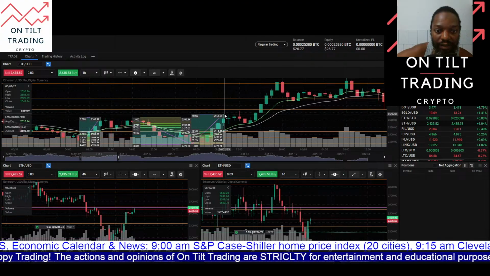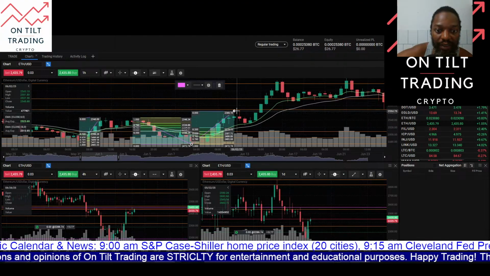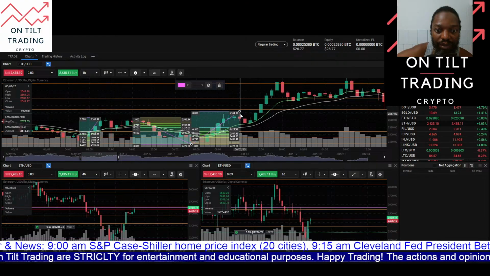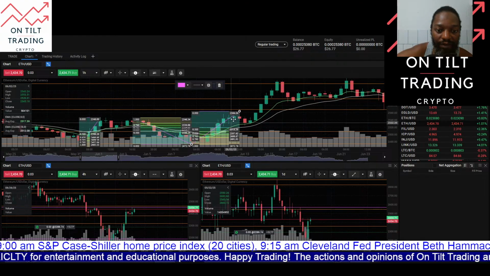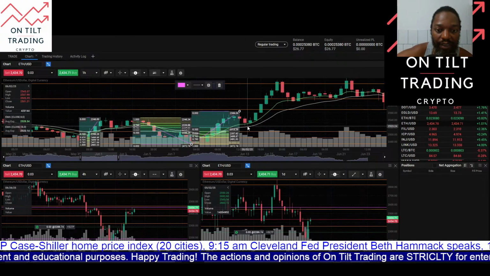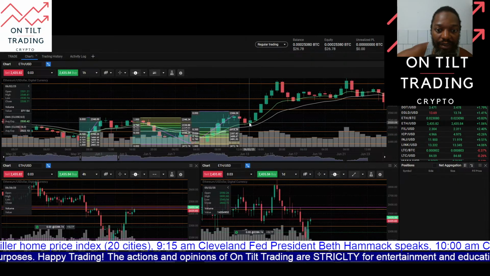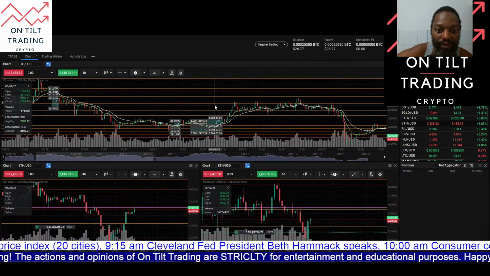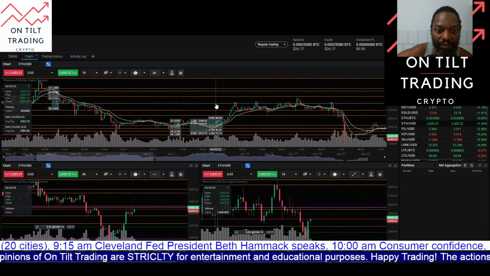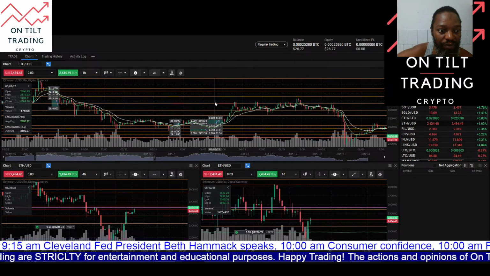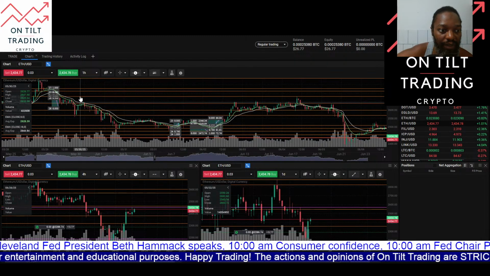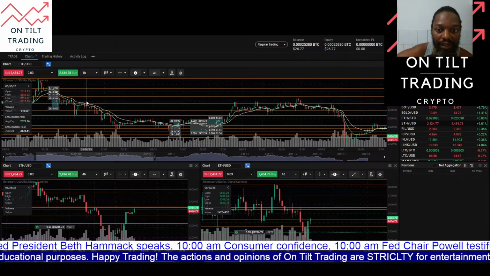Since the moving averages are not contacted, I'd have to move position here for this crossover. Take an entry here at the 9. Then I'm looking for about twice the range, or about 50% of the range. So I'm going to be looking for a target back here. So this is likely going to be my target here.